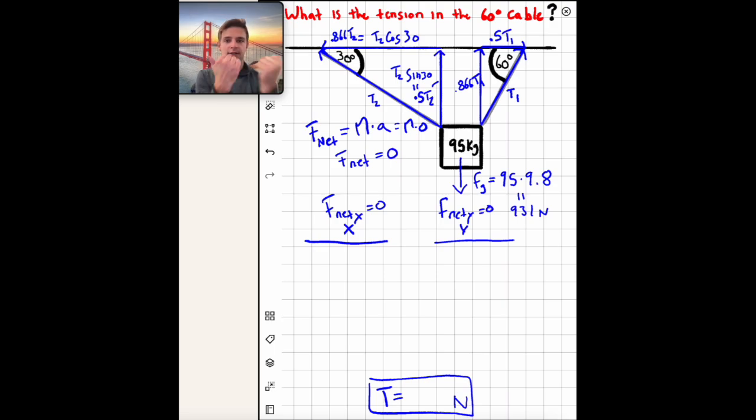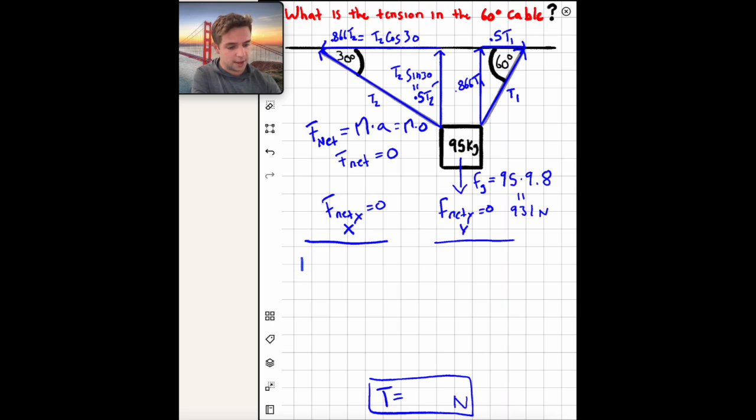There are two forces acting laterally on this block, the horizontal components of the tension force. Since the F net is 0, if we add these two forces together, they should be equal to 0. In other words, since they're going in opposite directions, they have the same magnitude.